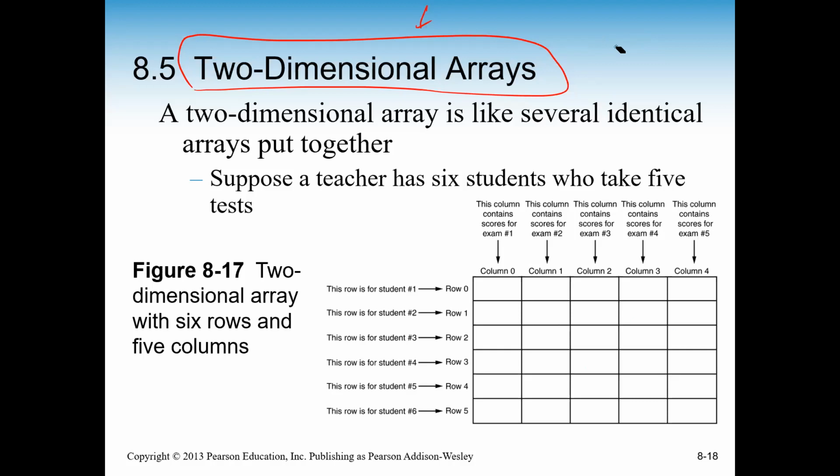You'll use NumPy and learn about that there. Here I'm just going to do a very light introduction to two-dimensional arrays for our course. A two-dimensional array is like several identical arrays put together.